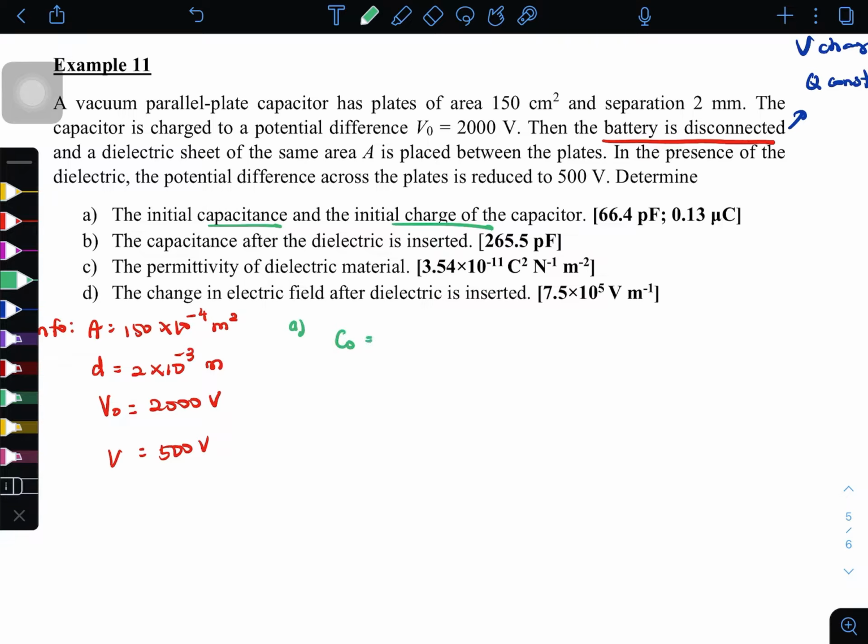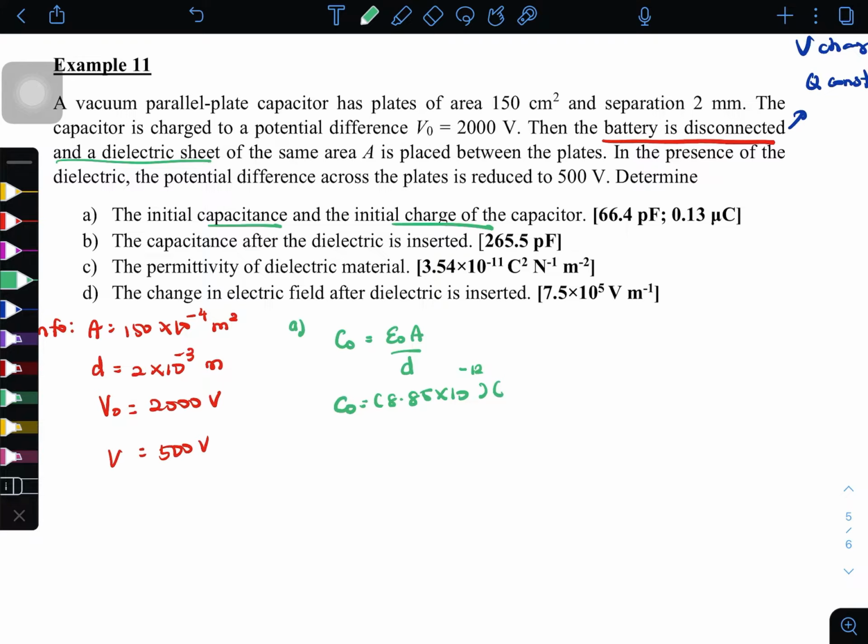So C0 equals to epsilon naught A over D. Okay, kenapa? Sebab pada awalnya dia berada di air sebelum dia diletakkan dielectric materials. Okay, mula-mula dia air je, lepas tu baru letak dielectric sheets. Okay, so C0 is equals to epsilon naught is constant 8.85 exponent negative 12.